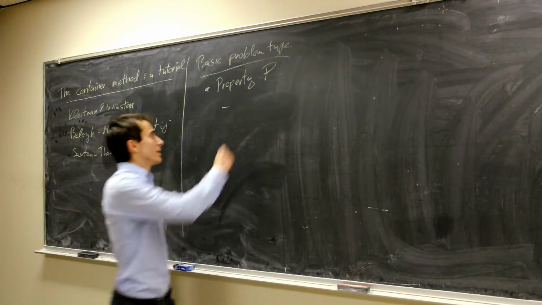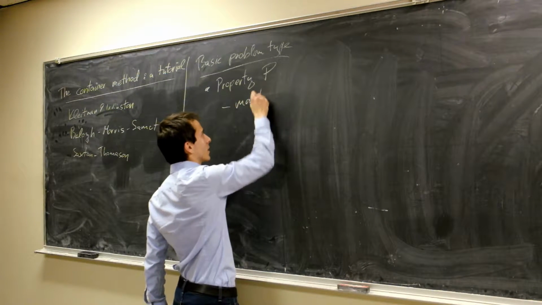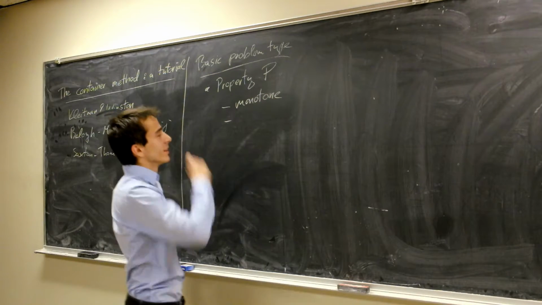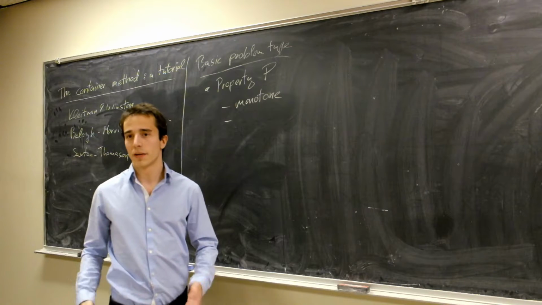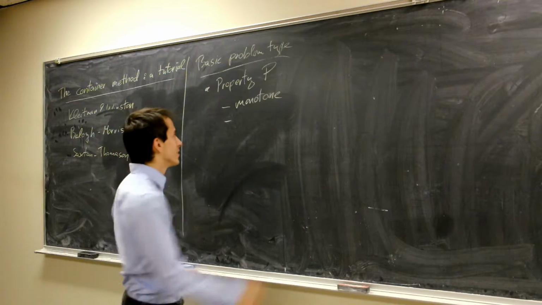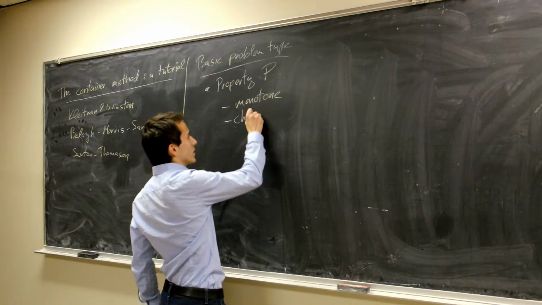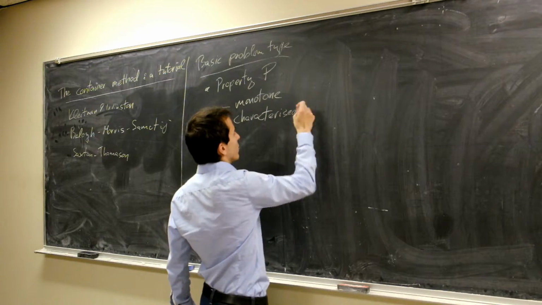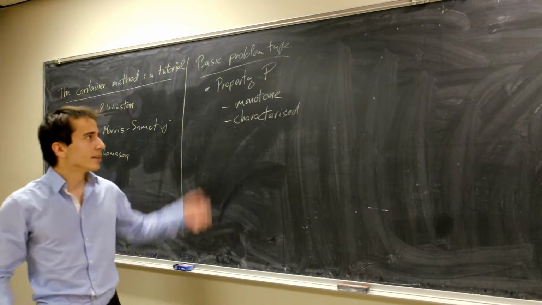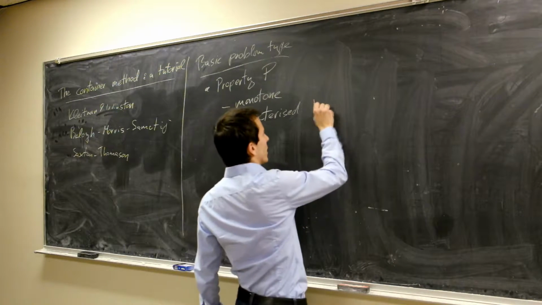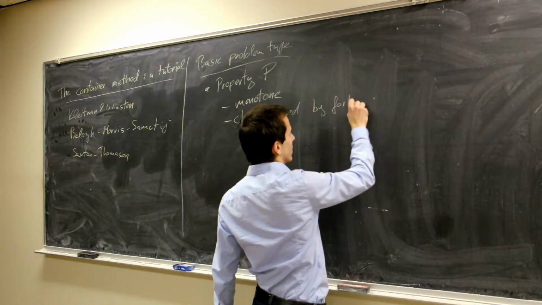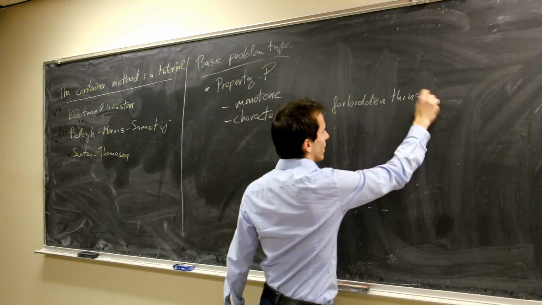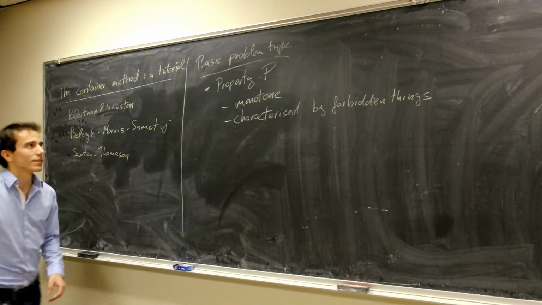But you need this property P to be monotone, and the most important, this P should be very easily characterized by what kind of stuff is forbidden. So this should be easily characterizable by what kind of stuff is not allowed in your object, by forbidden things. We'll see some examples in a second.